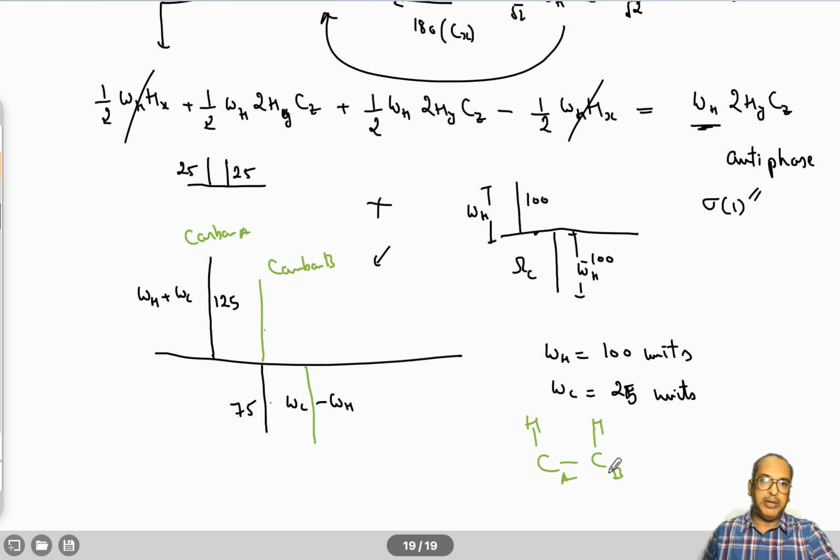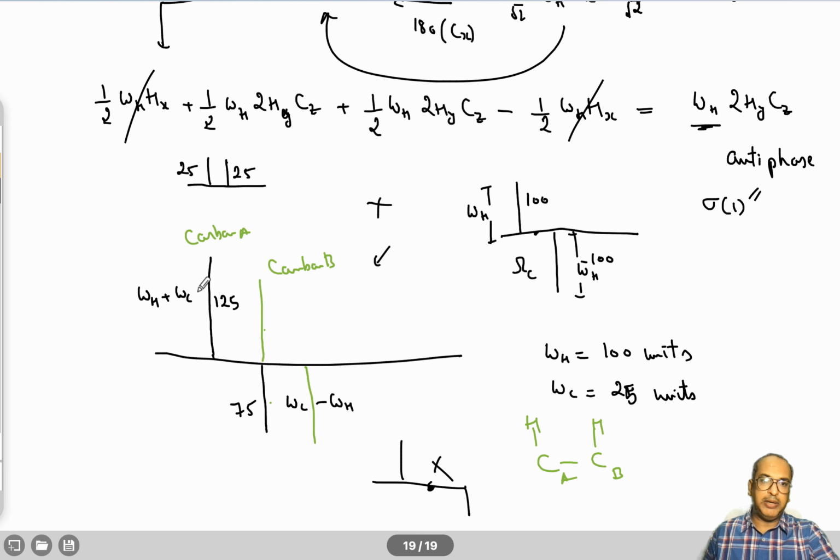And let's say carbon B has a chemical shift which overlaps with the second line of carbon A. In that case these two lines will get cancelled to each other, and what you will get is something which is like this, right? So this center line will be missing. There is no line here, which gives you a false spectra. It is not a correct representation of the spectra, right? So that is the disadvantage.